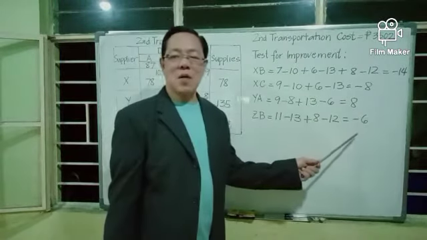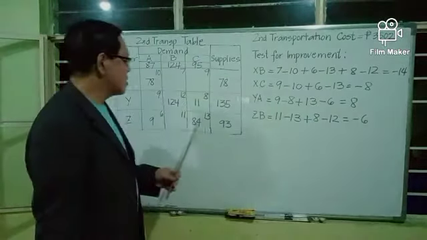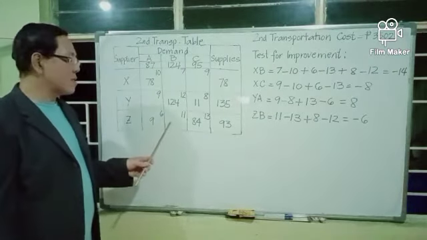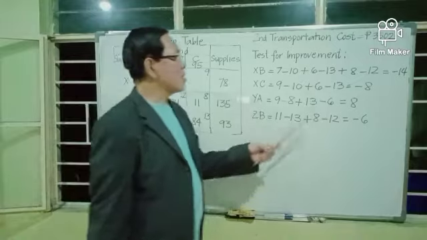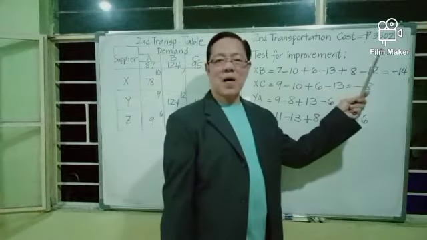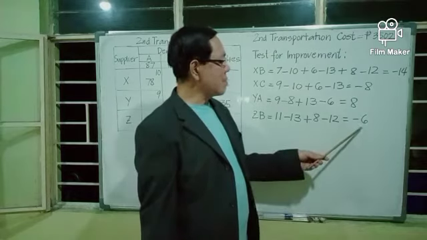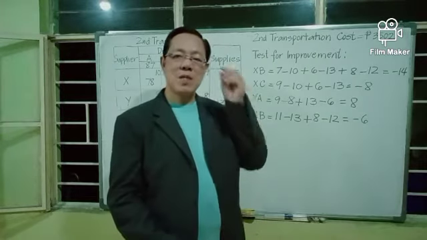Again, the net cell cost of negative 6 means that if you transfer some units to this vacant cell ZB, the transportation cost of 3,502 will decrease by 6 pesos per unit.